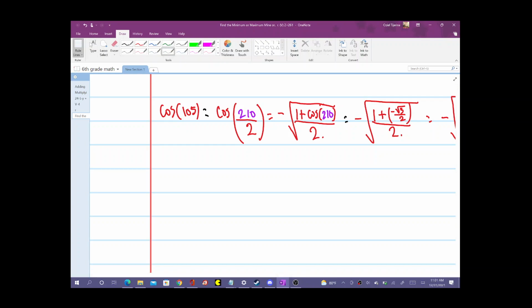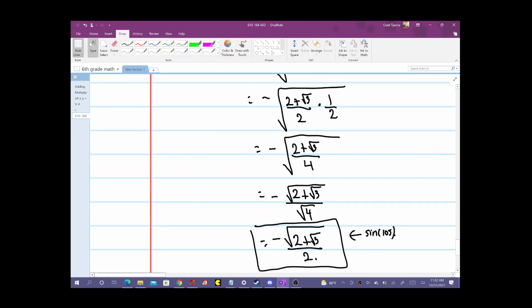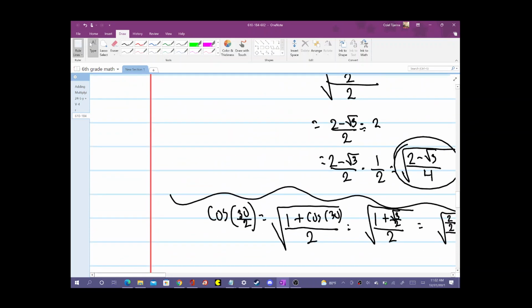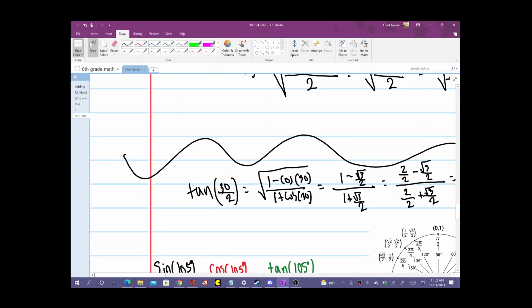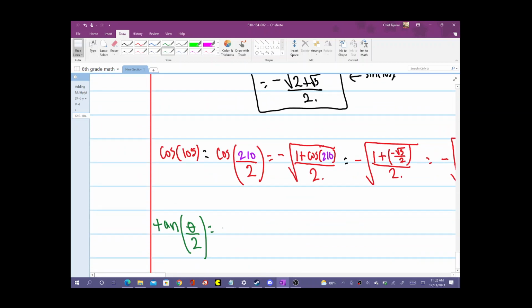So now tangent of theta over 2, oh my goodness. I keep confusing my double angle and half angle. So, this is going to be, like I said in the last problem, equal to the square root of 1 minus cosine of theta over 1 plus cosine of theta.